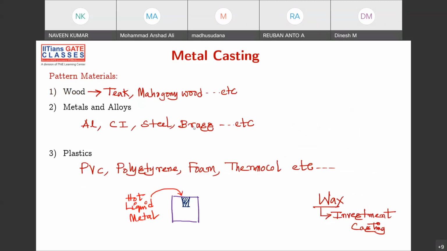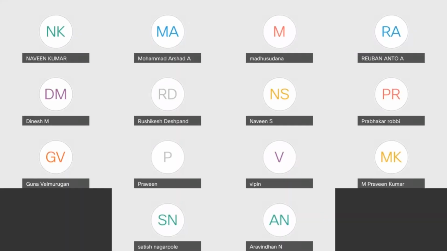Okay, let's stop here for the concept part. Let's do some questions so that we are able to understand how well we have understood the concepts discussed till now. Let me stop the sharing and share the questions.